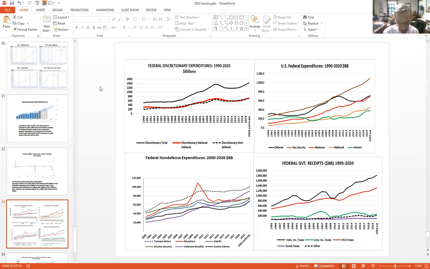All right, non-defense expenditures over on the left. Transportation, such as Amtrak, trucking and the like, is the black dotted line on top. Veterans benefits are the purple line, which is now approaching, and so we have veterans benefits in this line as well, but you can see that that's a portion of our defense expenditures.